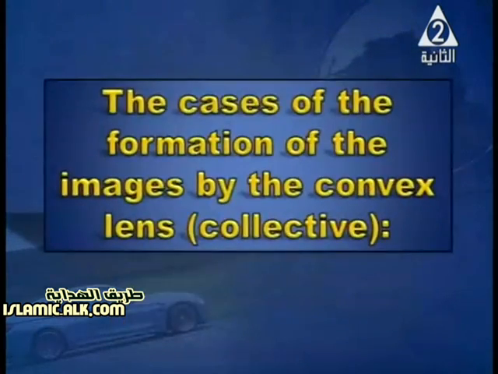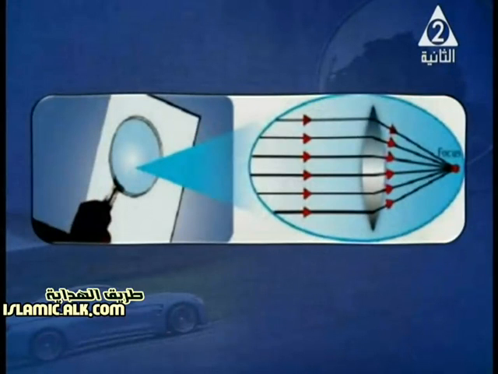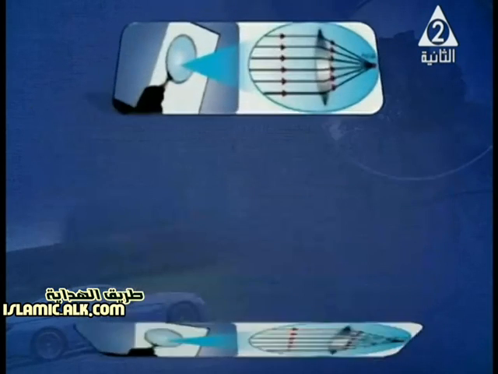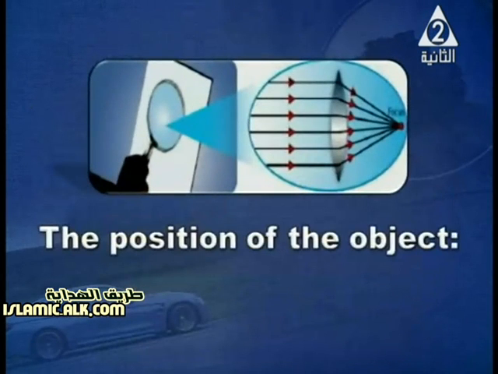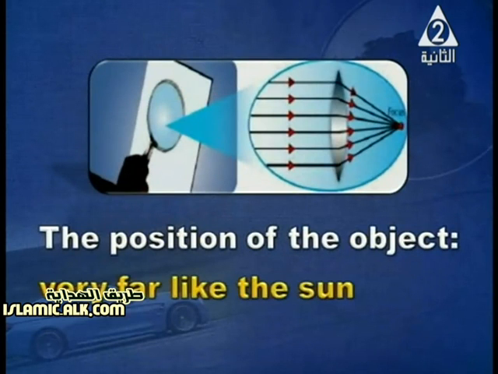The cases of formation of the image by the convex lens. The first case, when we receive a light ray using the convex lens. The position of the object is very far, like the sun.